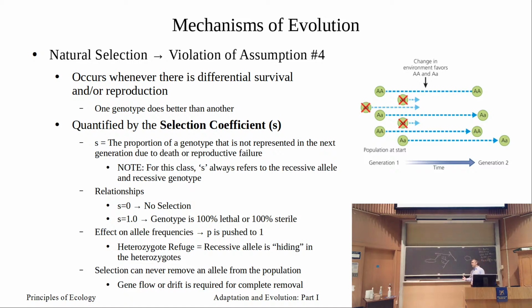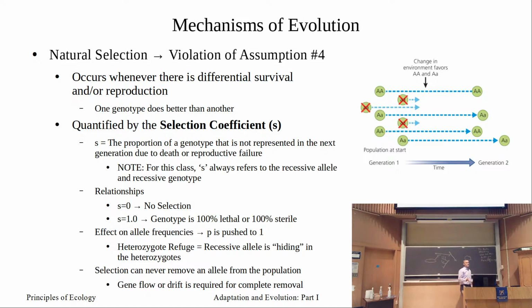I'm sure you've probably already heard or seen natural selection. We quantify the effect of natural selection using something called the selection coefficient, S. As you'll learn in lab next week, this selection coefficient, S, can be incorporated into our Hardy-Weinberg equations to make predictions about the effect of selection on our allele and genotype frequencies.